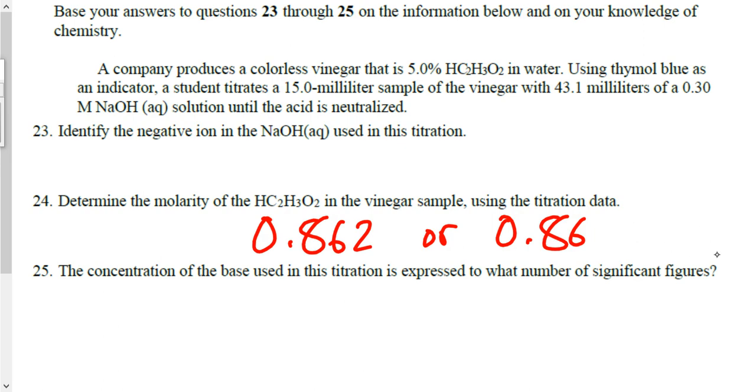According to science, you should always look for the correct number of significant figures, right? We usually don't talk about, oh, what should I round this to, right? We always look for the correct number of significant figures. So if you focus on the question, we have to look for the least number of significant figures from the question. So here we have two significant figures. Here we have three significant figures.